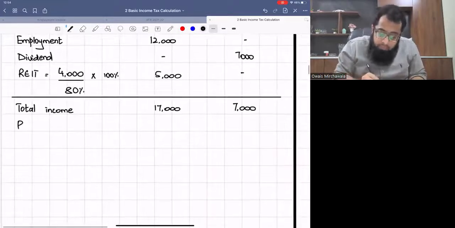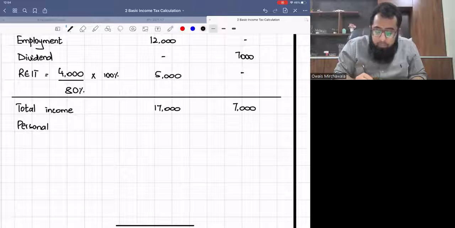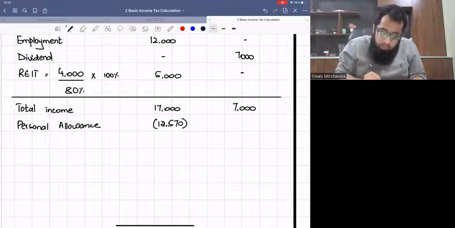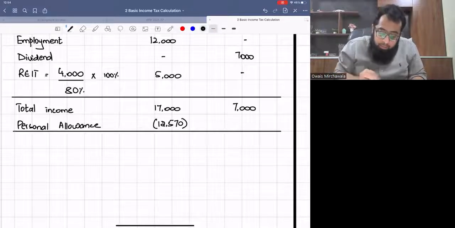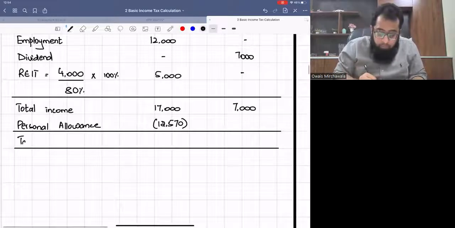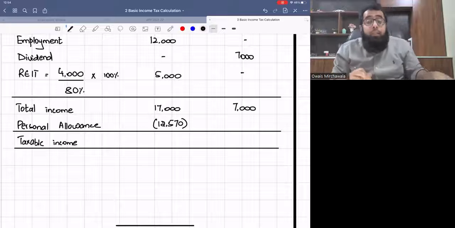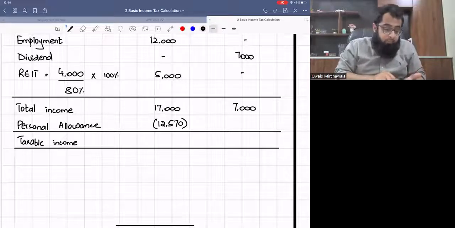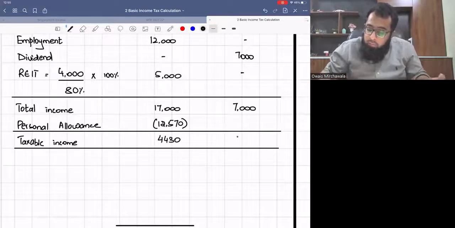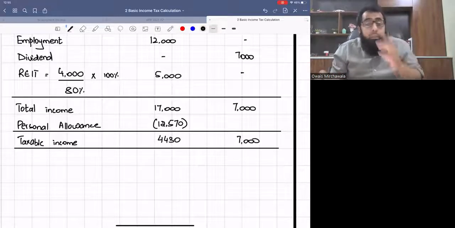The personal allowance is 12,570. This gives us the taxable income. What is the taxable income? 17,000 minus 12,570. So it's 4,430 and it's 7,000.